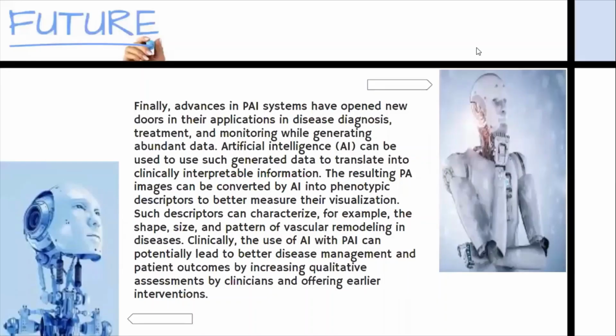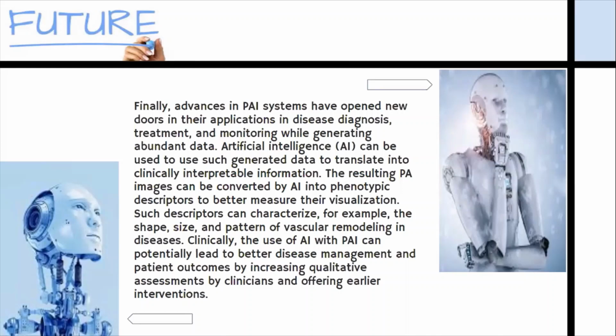Future. Finally, advances in PAI systems have opened new doors in their application in disease diagnosis, treatment, and monitoring while generating abundant data. Artificial intelligence can be used to translate such generated data into clinically interpretable information.